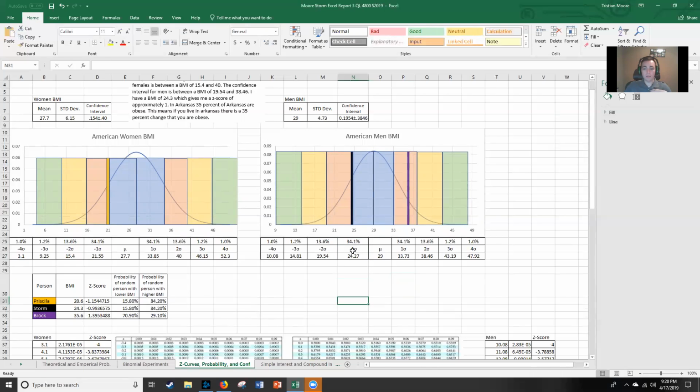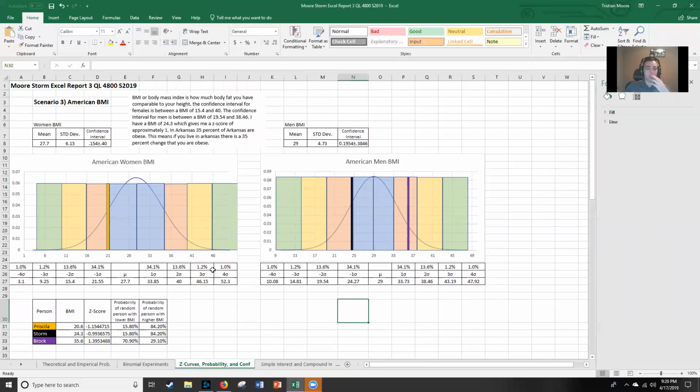So I am right here. So almost 15%, only about 15% are going to have a lower BMI than me, and about 84.20% are going to have a larger body mass than myself. Approximately -1. I think that is very important.